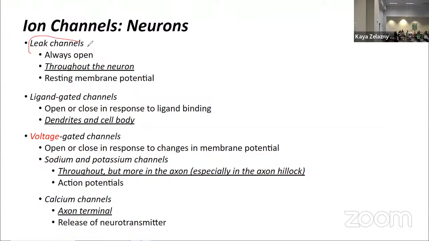The leak channels were the ones responsible for setting that resting membrane potential. They're always open. 25 times as many leak channels exist for potassium than exist for sodium. And we see them everywhere in the neuron. So you see them in the dendrite, the soma, the axon hillock, and the axon. That's because we want all those areas to be able to get back to negative 70 when the neuron's at rest and not doing anything.